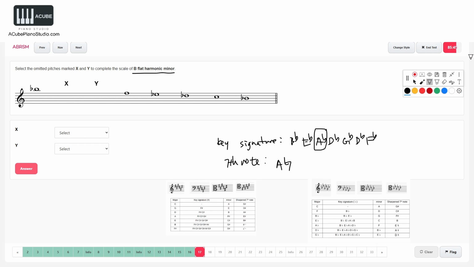And it's harmonic, so we need to sharpen the 7th note. So the A flat becomes A natural, or just A. Next, B flat, then A, then G, and G will have a flat based on the key signature, so it's G flat. This is the answer for this question: A and G flat.